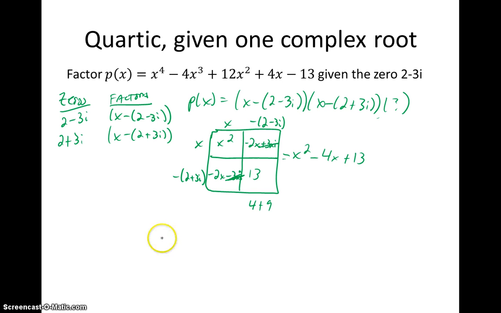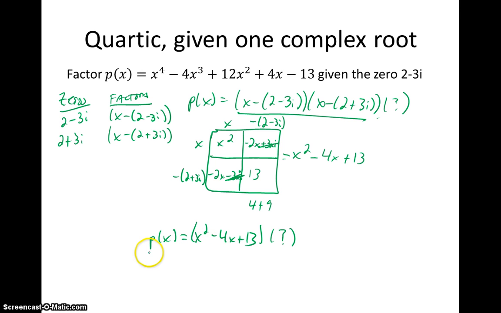So at this stage, I have that p of x is equal to, sorry, the whole point here was that we multiplied those things together. So it's x squared minus 4x plus 13, and then that's multiplied by our question mark. Because what we did was we multiplied these two together, got this x squared minus 4x plus 13, and we're still multiplied by the question mark.